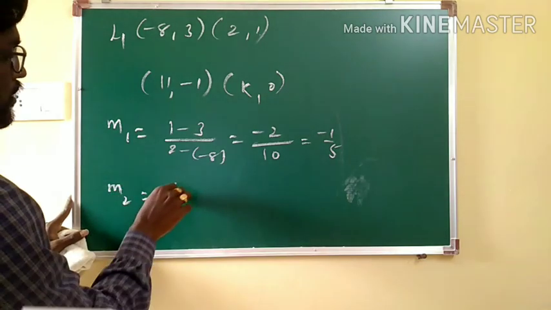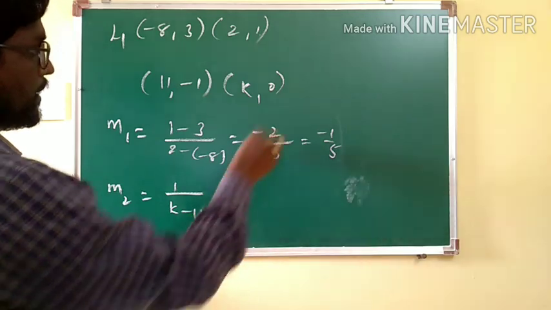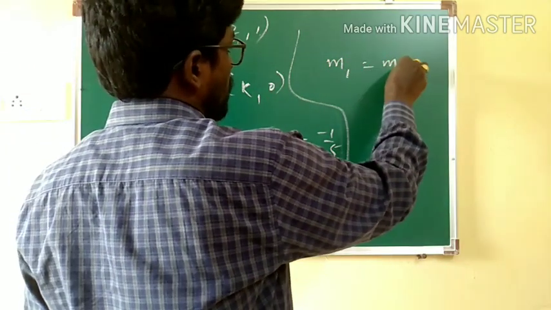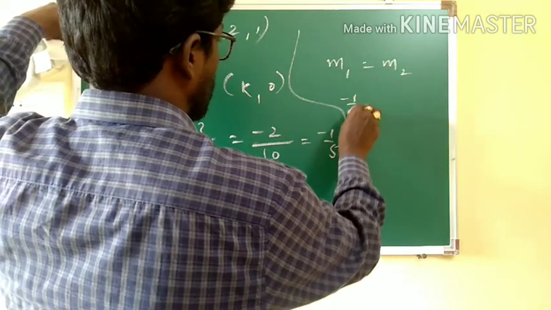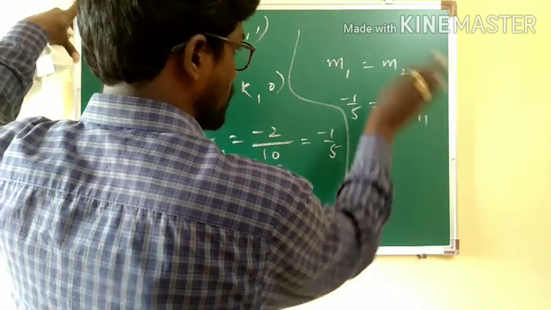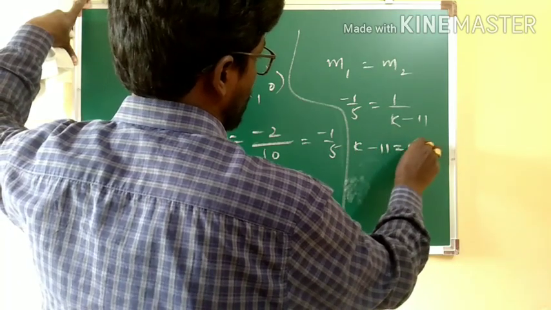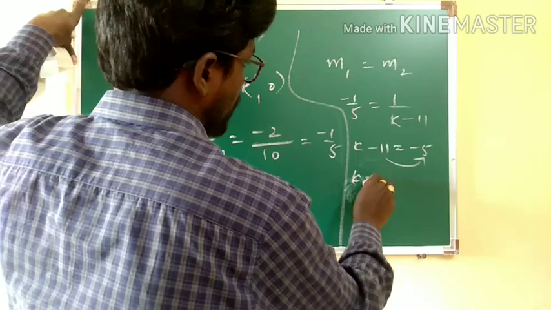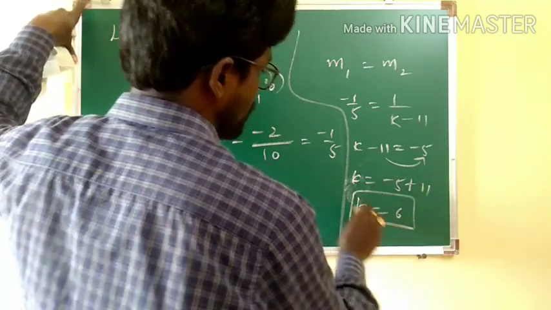And m2 is equal to 0 minus of minus 1, that is 1, by k minus 11. Since the lines are parallel, we'll equate the slopes. m1 is equal to m2. So minus 1 by 5 is equal to 1 by k minus 11. Taking the reciprocal, k minus 11 is equal to minus 5. Transposing, k is equal to minus 5 plus 11. So k is equal to 6.